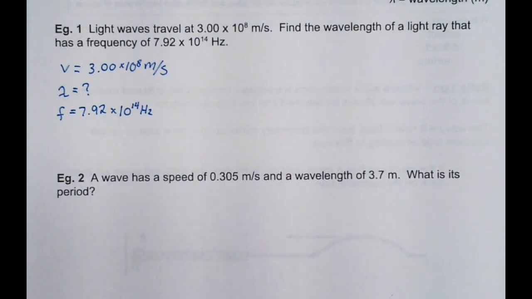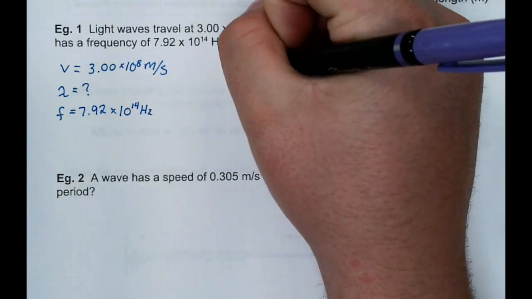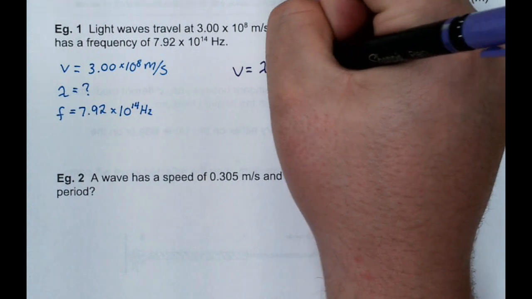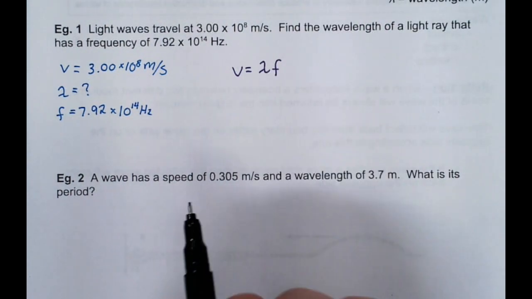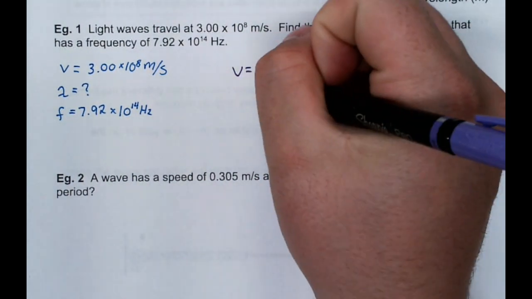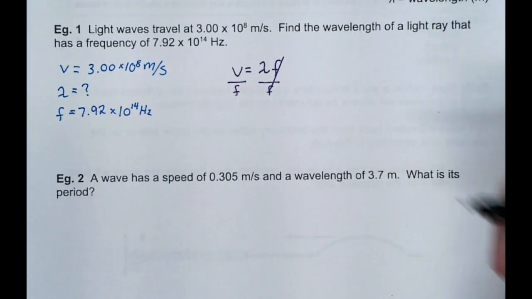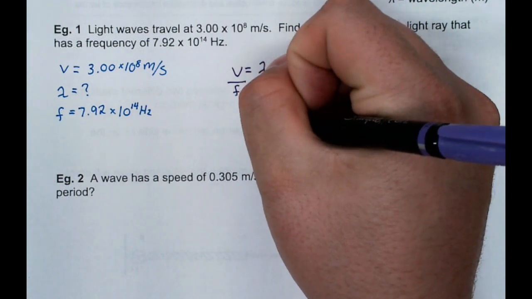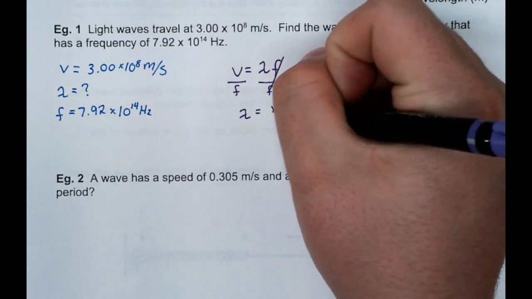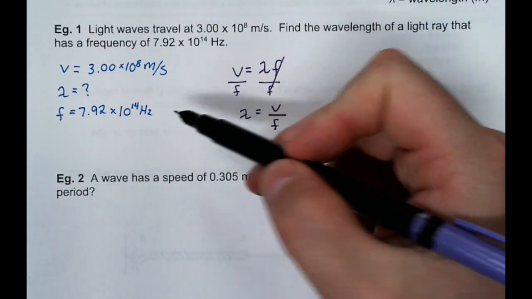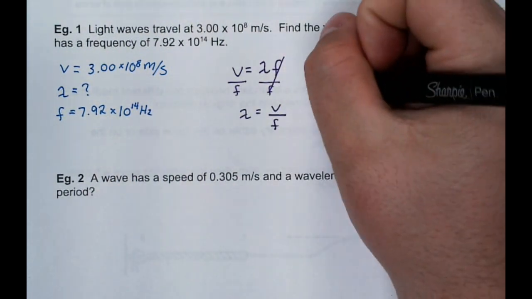So using our universal wave equation, velocity is equal to wavelength times frequency. We want to rearrange and solve for wavelength. To do that, we're going to divide both sides by frequency. We'll cancel out, and we're left with wavelength is equal to velocity over frequency. Since we have that information, we can just plug in and solve.